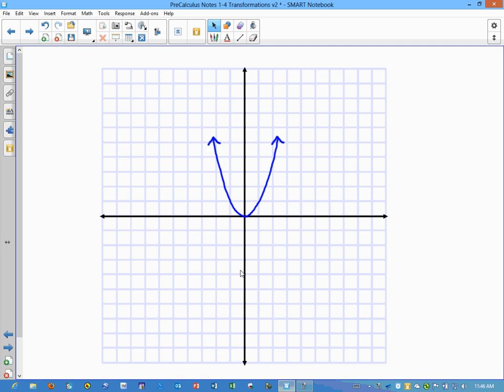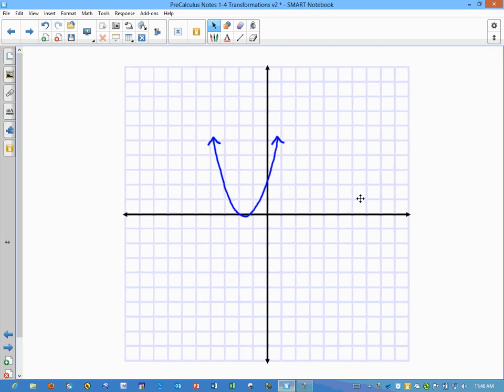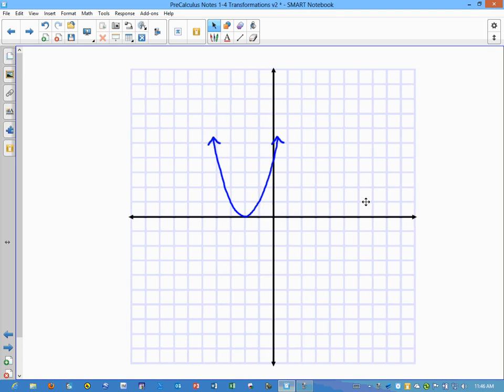So if I add 2 inside, so let's say it's y equals (x plus 2) all squared, then I'm adding 2 inside, which means the graph is going to shift 2 units to the left. But in reality, what's happening is we're shifting the plane 2 units to the right. Notice how that has the effect of the graph shifting 2 units to the left.